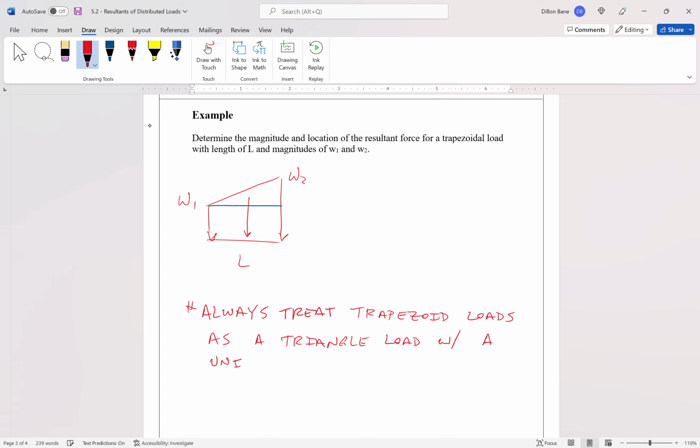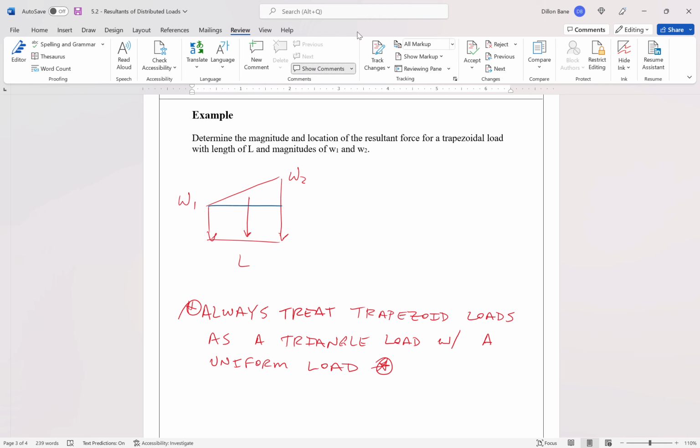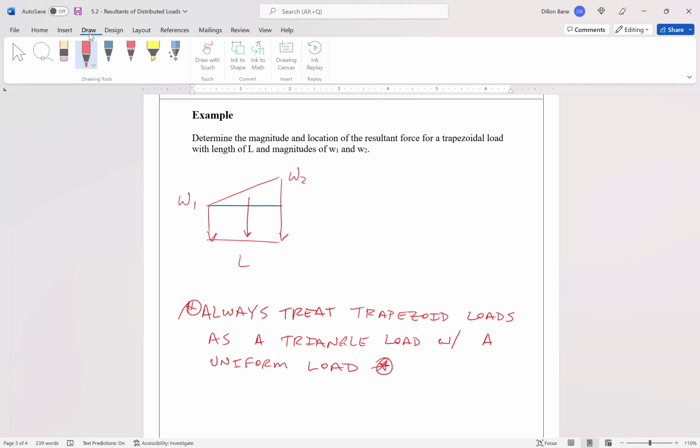Just break it into two. If you can do that, it'll all work out the same exact way. Just treat it as two separate loads. Okay. So that's it. That's basically all I wanted you to know: rectangle loads and triangle loads.